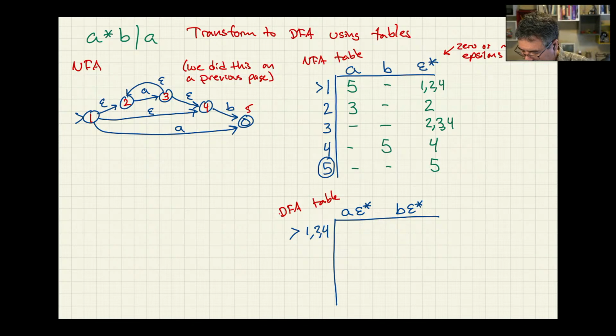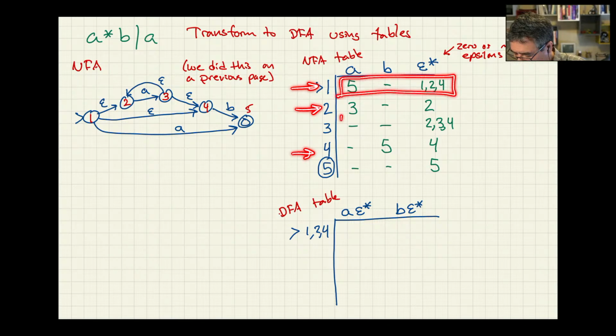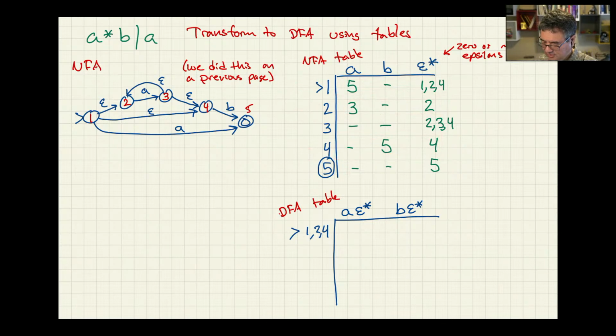Okay, so here at 1, 2, and 4, which means we are looking at this row, and this row. Okay? So we're at 1, 2, and 4, and we're looking at A. So 1, 2, and 4 takes us to 5 and 3.